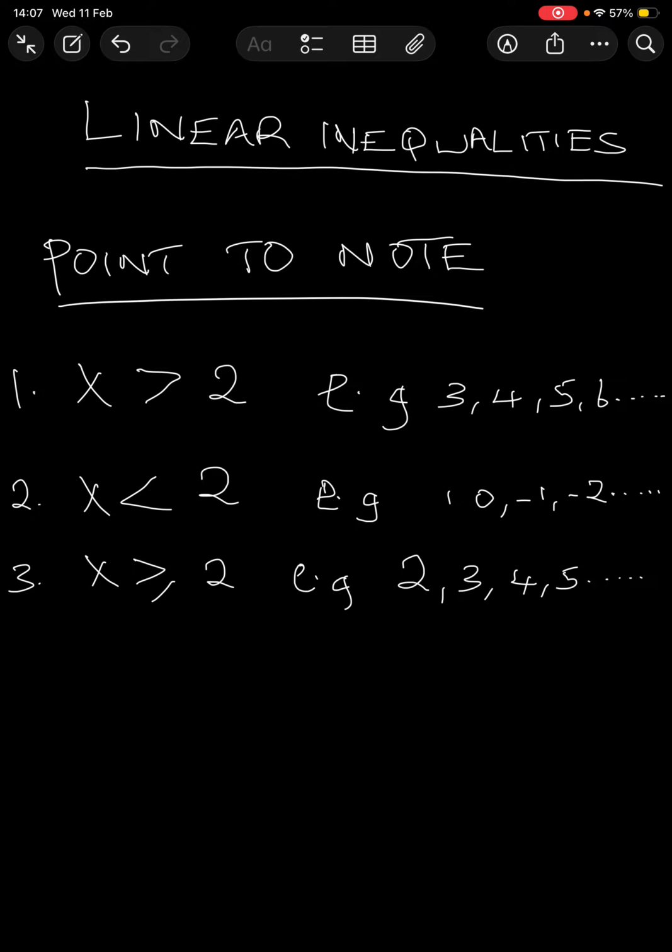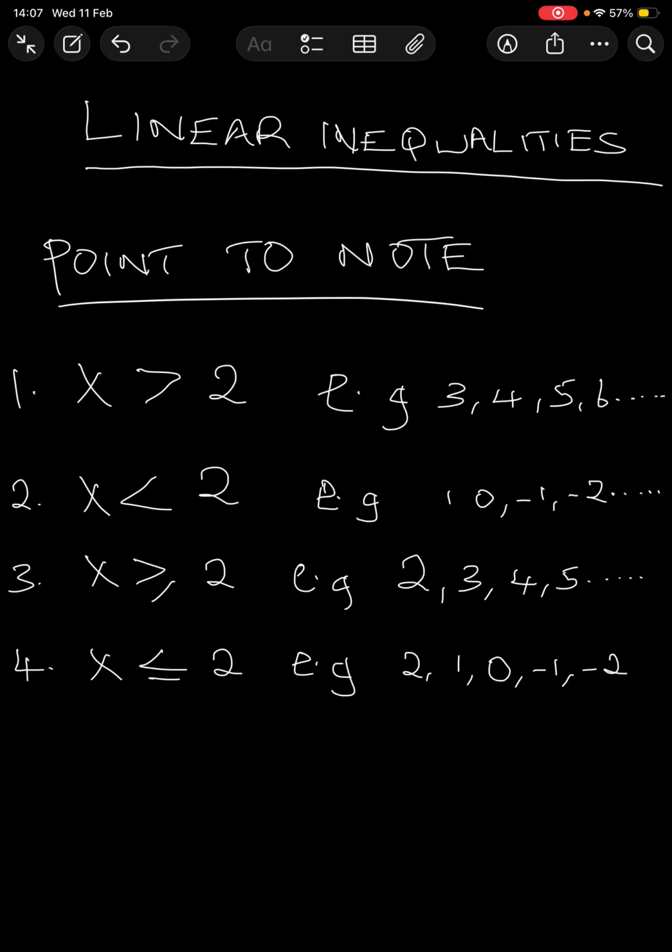Next, point number 4 is x is less than or equal to 2. This means that 2 is included and the numbers of x are less than 2. That is, we have 2, 1, 0, -1, -2.